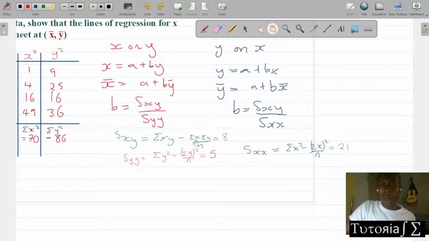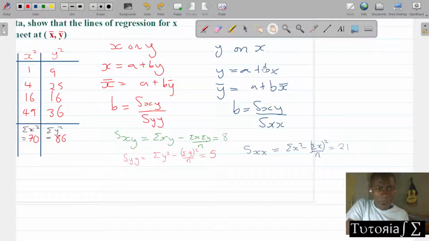Basically, the idea is we need to find b. This is the equation that we want, and here too, this is the equation that we want, and from here we only need to find a and b. Same applies here, we only need to find a and b. To find b, we use this equation.